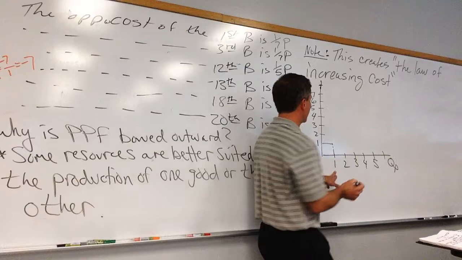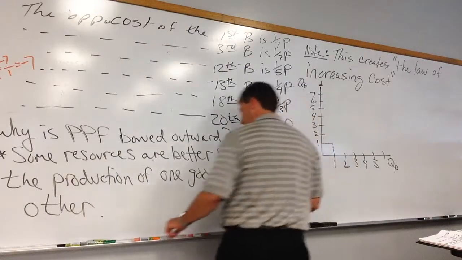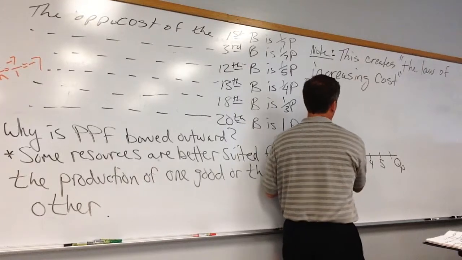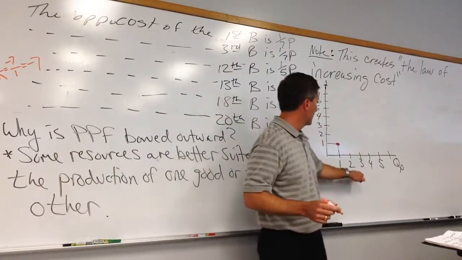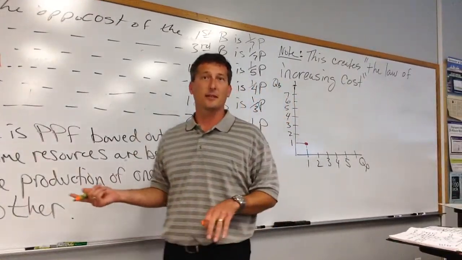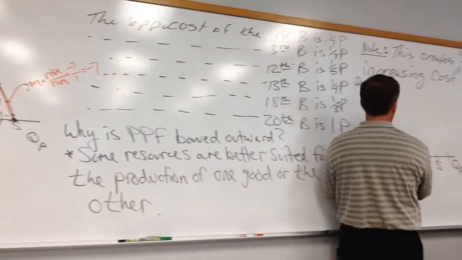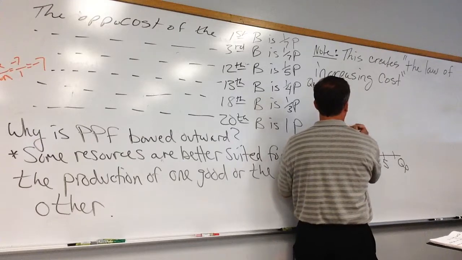So that first pizza cost us a beer. The opportunity cost of the second pizza, 3 beers. So plot that point at 3.